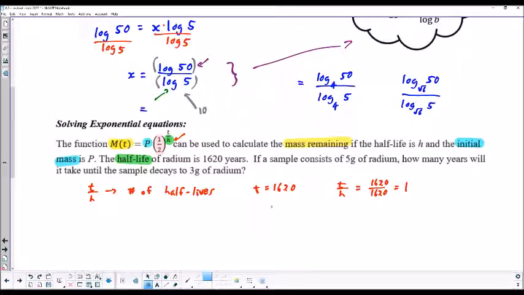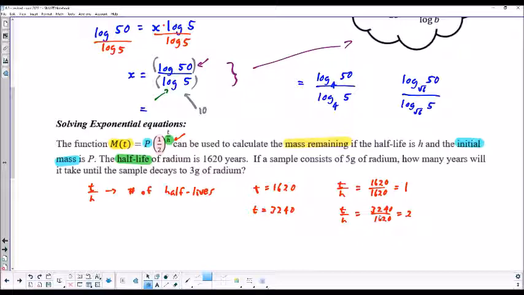If t were 3240, for example, then t over h, that exponent, is 2 half-lives. So we're looking at the remaining amount after 2 half-lives have passed.